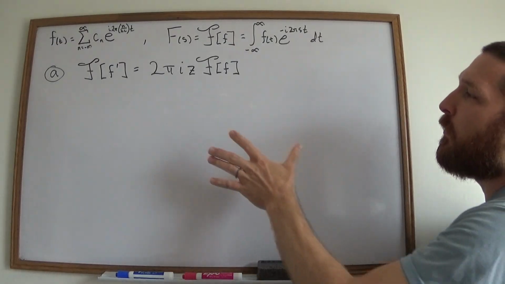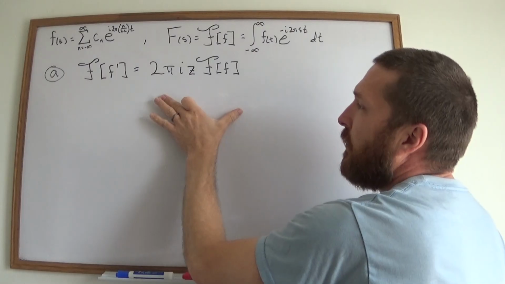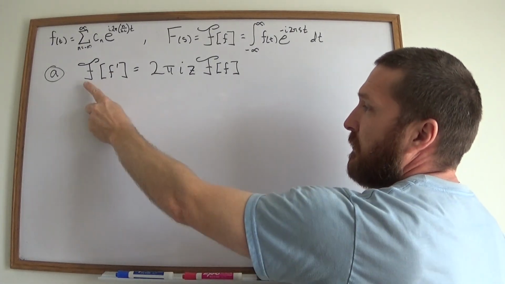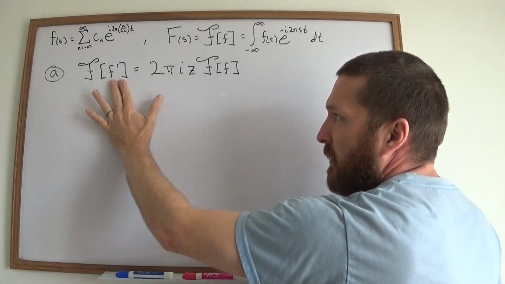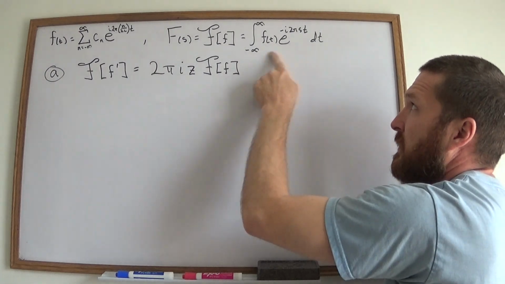Okay, what we want to do is try to show that this is true. Okay, so I'm going to start on the left-hand side and just use the definition. The Fourier transform of some function is defined as you just put whatever that function is right here and do this.